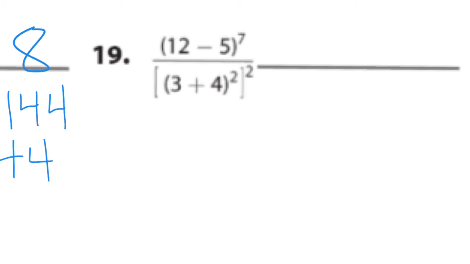Okay, so once again, you're going to be doing order of operations. So the parentheses come first on the top. So 12 take away 5. What's 12 take away 5? Okay, that'll be 7. That's still to the 7th power. Now down below, do the innermost parentheses first. So 3 plus 4 gives you 7.